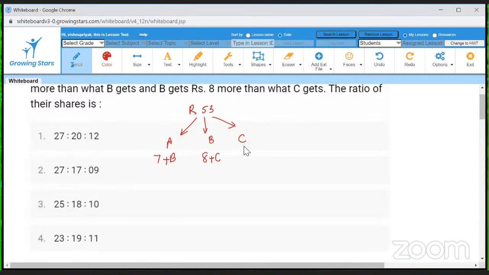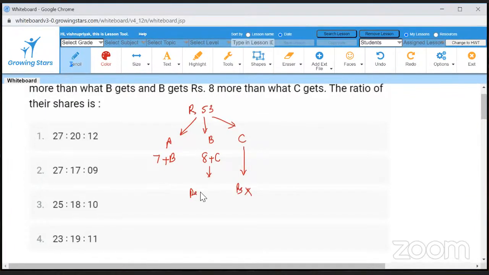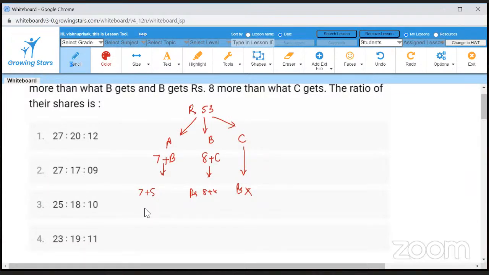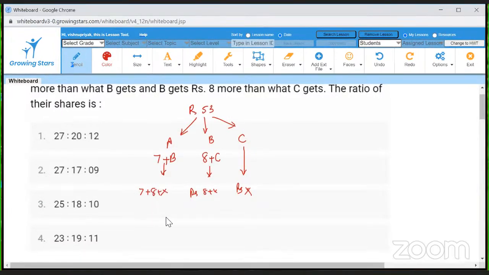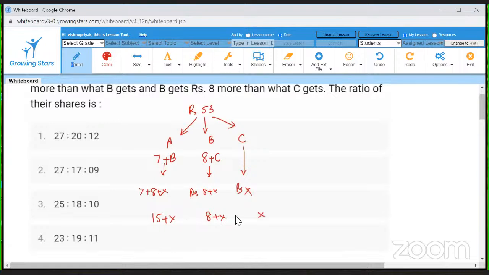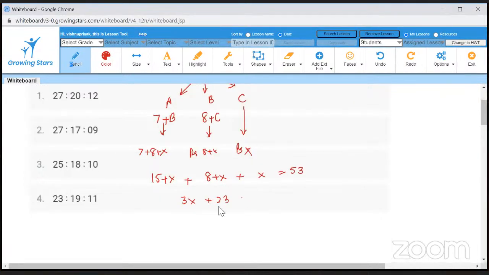Let us take C getting X rupees. So B will get how many? 8 plus X. And A will get how many? 7 plus 8 plus X. So 15 plus X, 8 plus X and X. All together the total is 53. 3X plus 23 is 53. 3X is 30, X is 10.